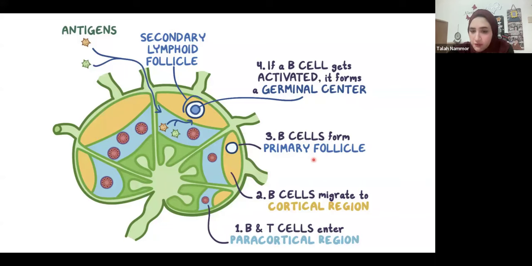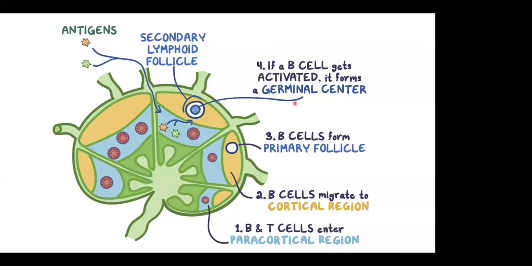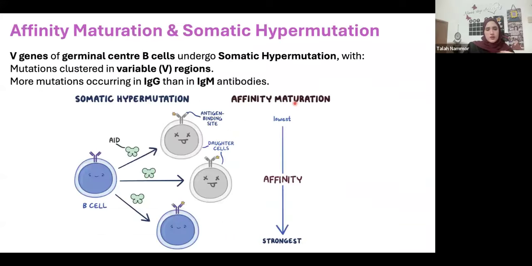If this primary follicle gets activated, it forms the blue thing you see, called the germinal center. From the name, germinal means growing. That's why B cells are activated, they're multiplying, there's clonal expansion, all of these things. So the germinal center is secondary, it happens after. So it's a secondary follicle. Thank you. You're welcome.